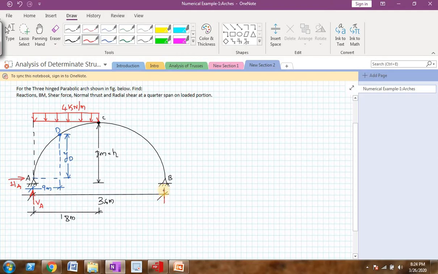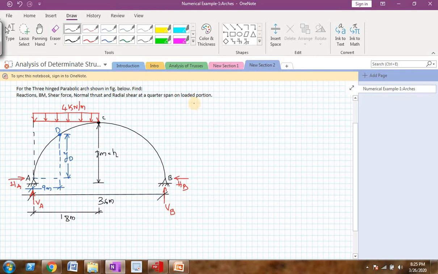Similarly, I will name this as VB and this as HB. I need to find these unknown reactions first, and then we'll move on to find the other things at that point D. Since it is a determinate structure, the 3 equilibrium equations available with us are more than sufficient to find these unknown reactions.